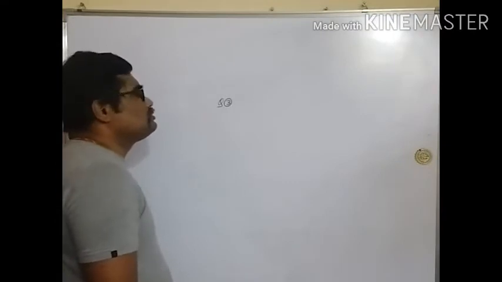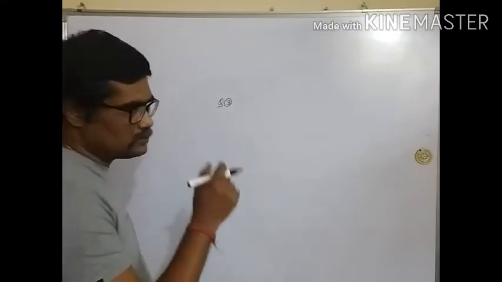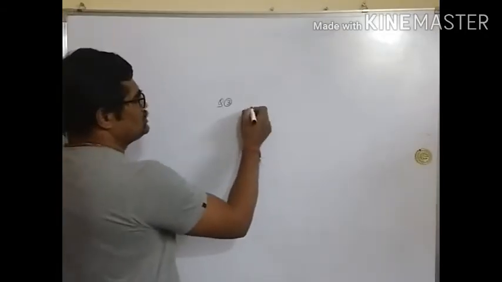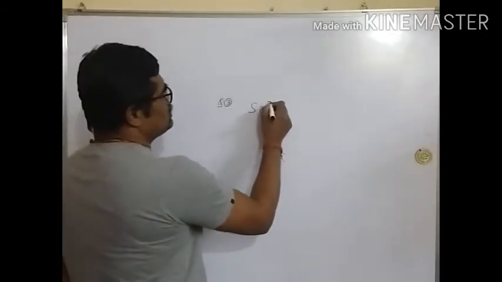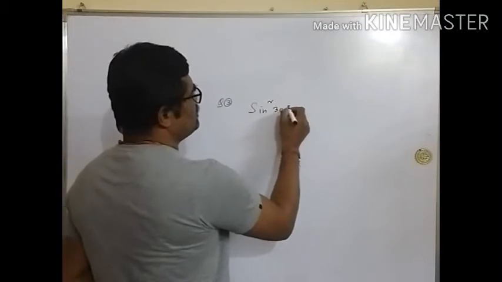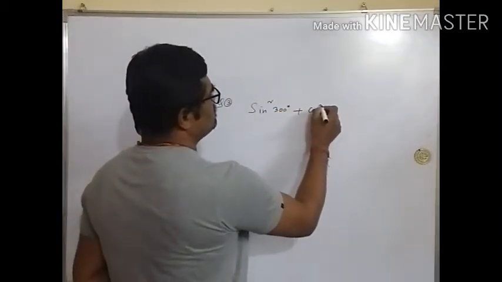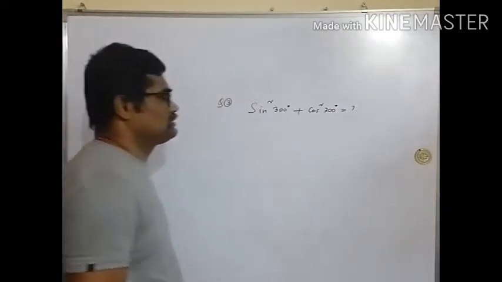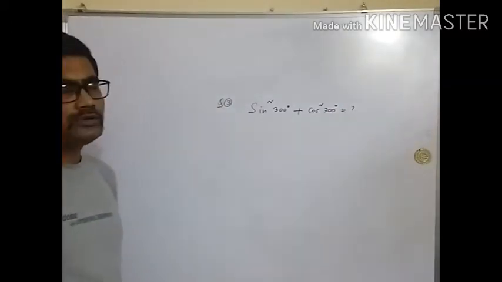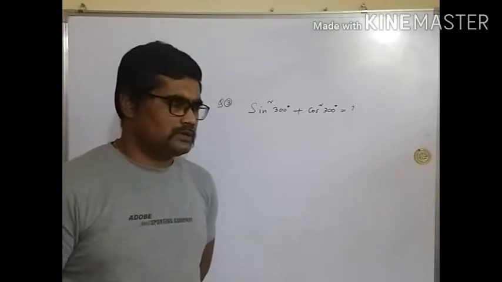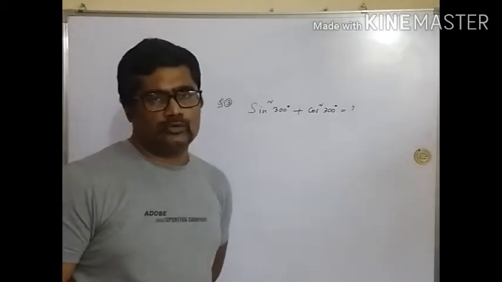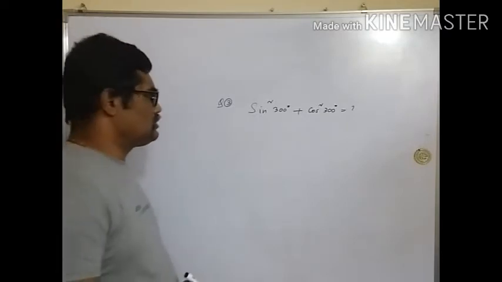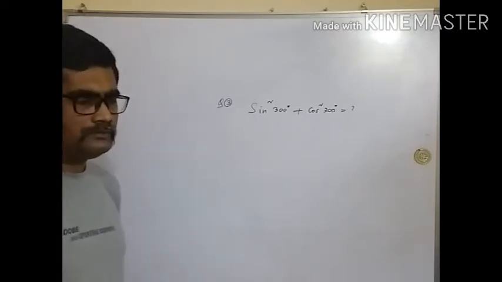Now I'm going to ask you a value, supposing that somebody asks you: what is sine square 300 degree plus cos square 300 degree equals? Generally in your mind there will be a question: we haven't yet got any angle above 90, so how can we find this value?